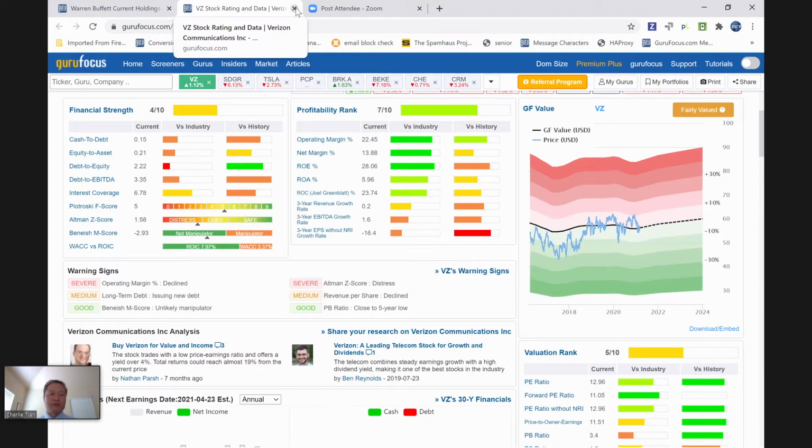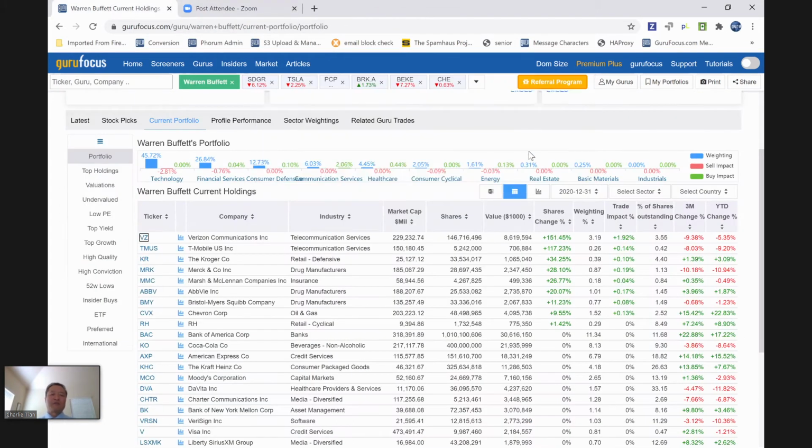So what I'm thinking, okay, of course, Warren Buffett is a traditional investor. He rarely invests in the hot technologies, but still he's buying very low valuation companies. Another one, for instance, is Kroger.